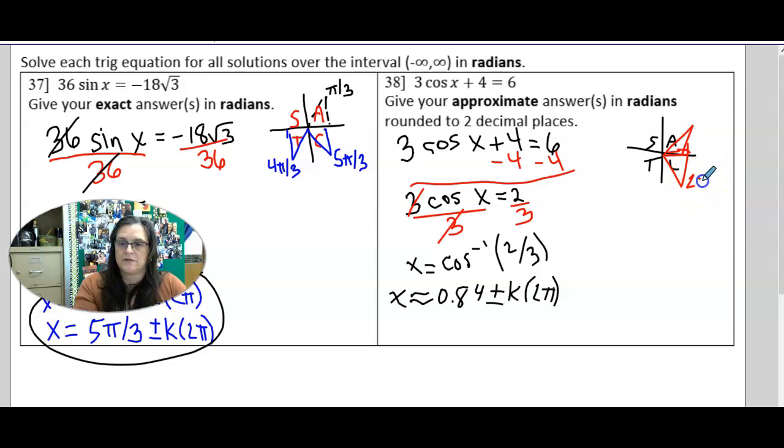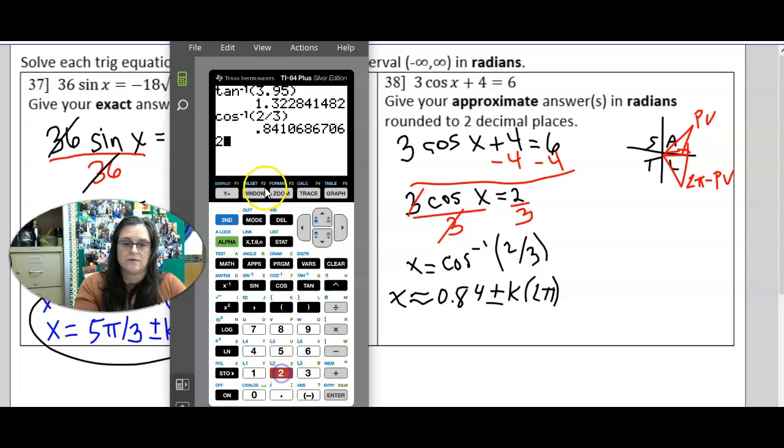So that's going to be 2 pi minus the principal value to get our solution in quadrant 4. So in the calculator, we'll evaluate 2 pi minus our principal value, and that's 5.44.